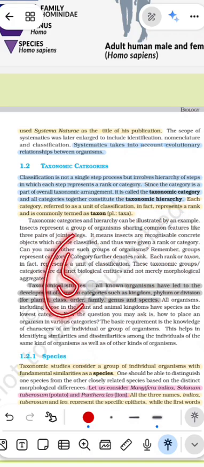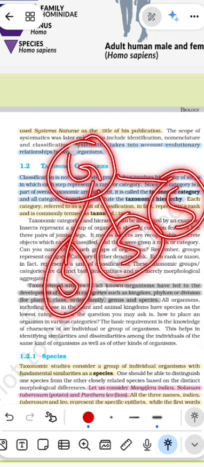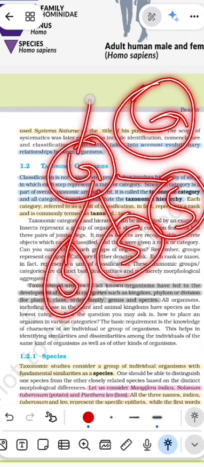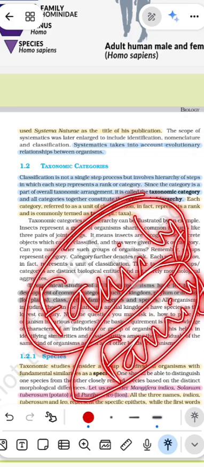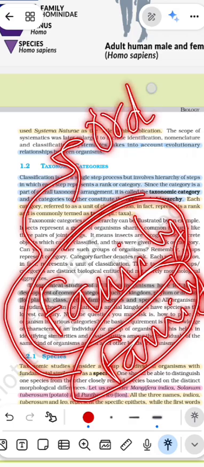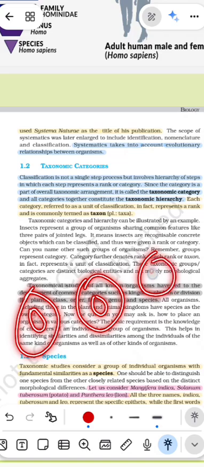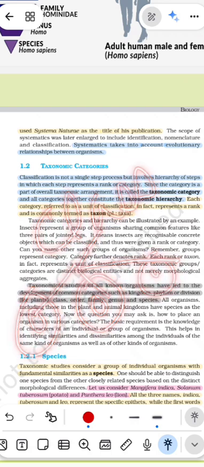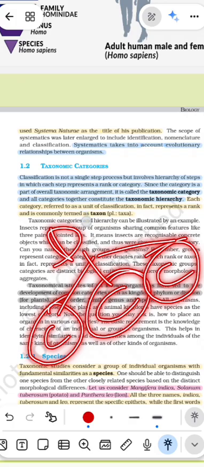So species together build genus. Genus together build many families, together build many orders, together build many classes, together build division or phylum.